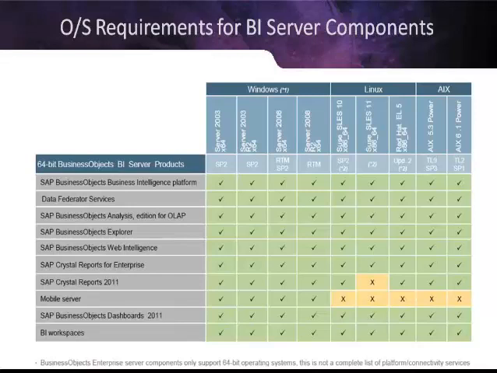Part of your consideration for upgrading is making sure that your hardware is 64-bit ready, and particularly in the case of Windows, that you're using a 64-bit operating system. A lot of customers in XI 3.1 have 64-bit hardware, but they're still running a 32-bit version of Windows. So you'll want to make sure that your implementation is 64-bit across the board.